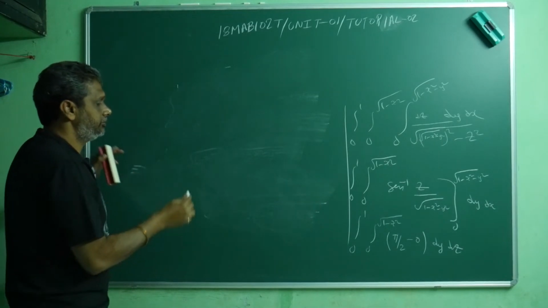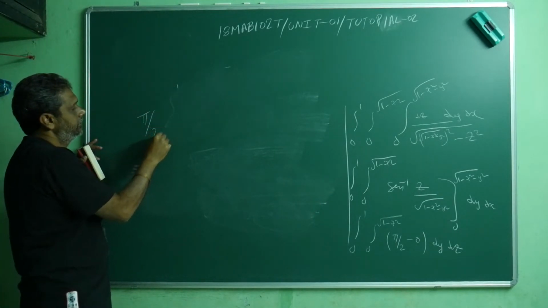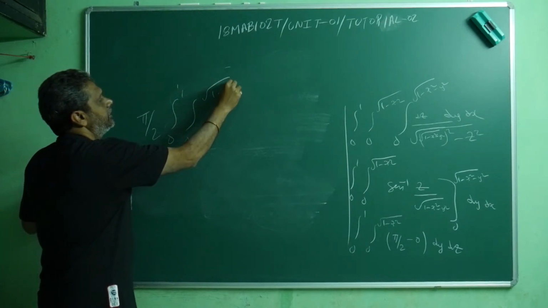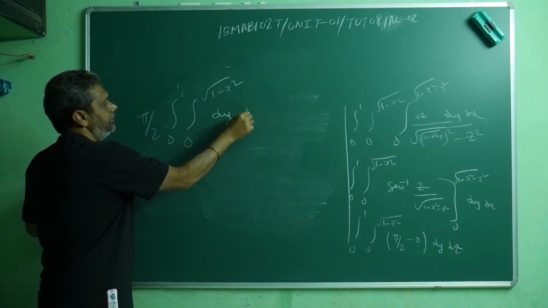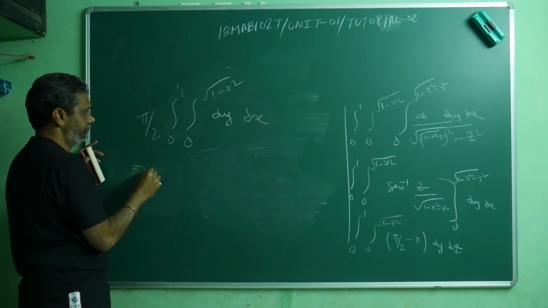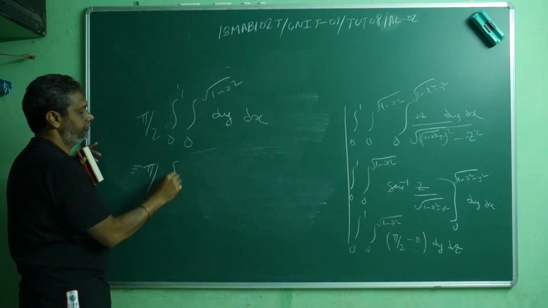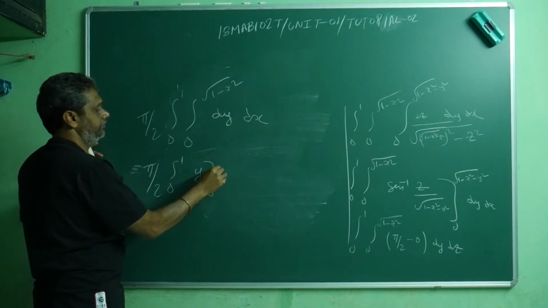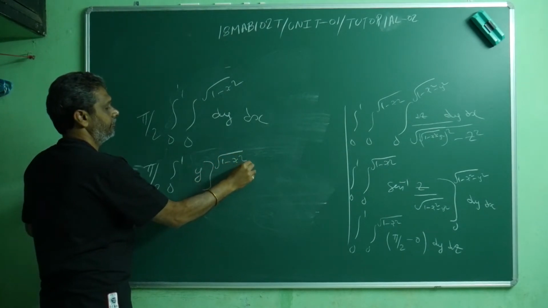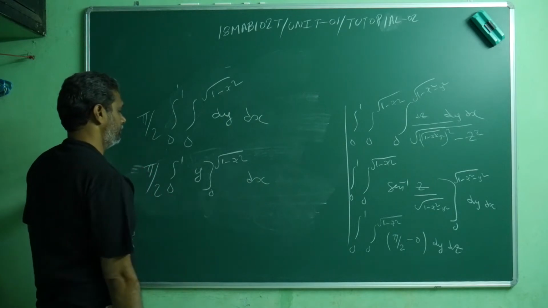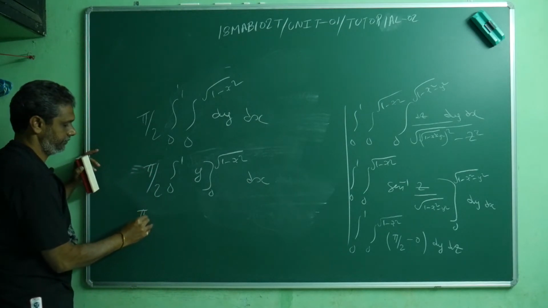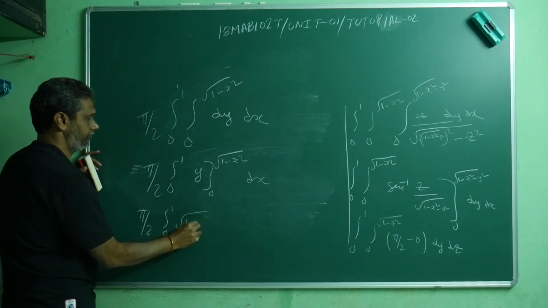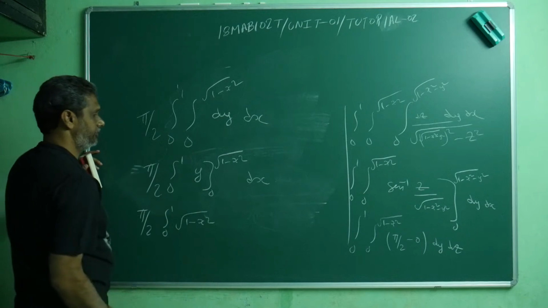If you take pi by 2 outside, integral 0 to 1, integral 0 to root of 1 minus x square dy dx. Now do pi by 2, 0 to 1, y you will get root of 1 minus x square, lower limit waste, dx.